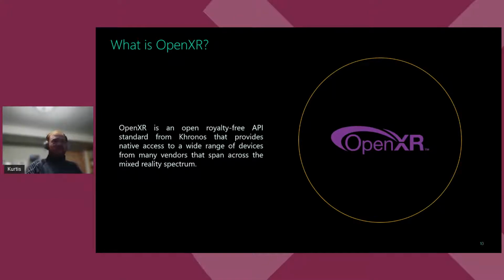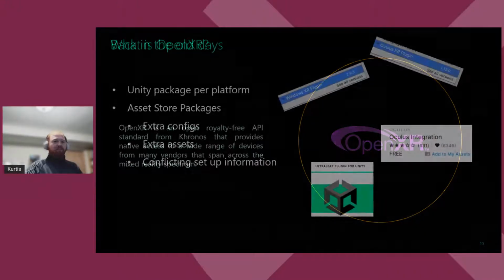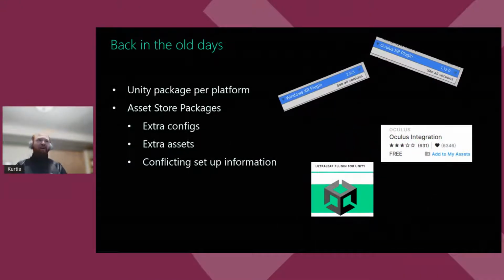So where does OpenXR bring value into Unity and MRTK? Back in the old days of MRTK2, we had a variety of support: Ultraleap, Oculus, OpenVR, Windows MR. All of those had their own plugin packages, some of them with their own Unity packages on the asset store.